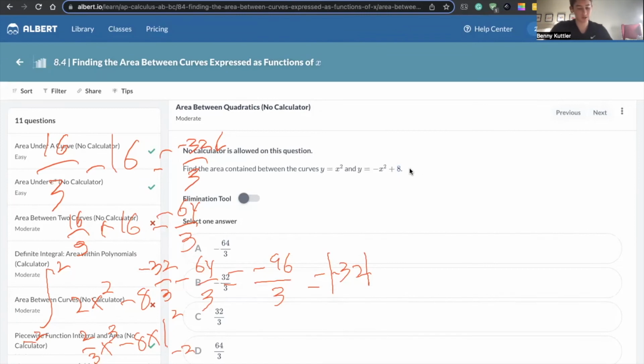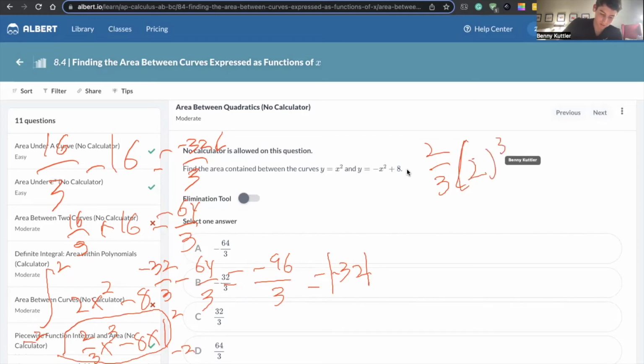Let's try this again. So this is our antiderivative. I think 2x squared minus 8. So we have 2 over 3 times 2 cubed minus 8 times 2.